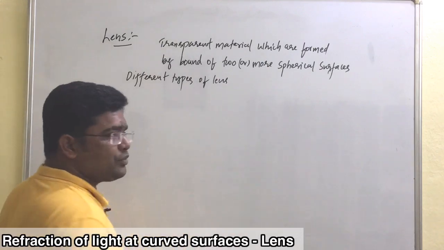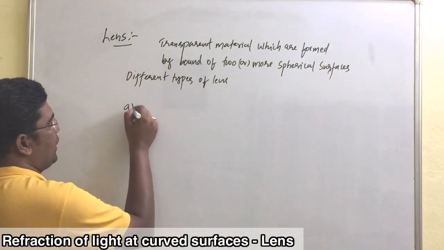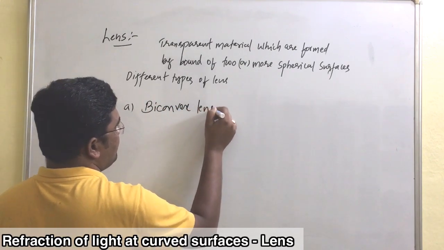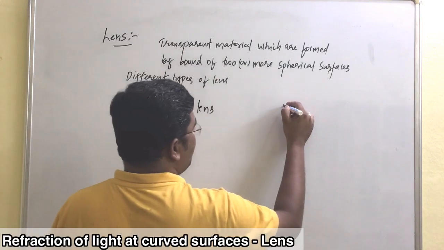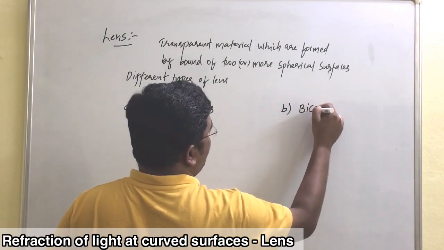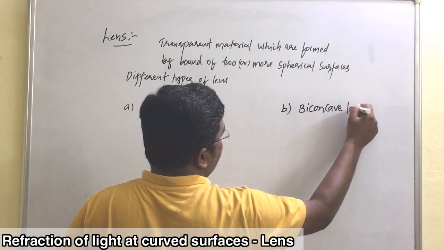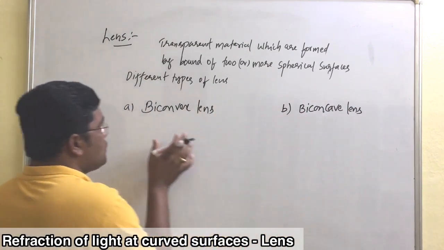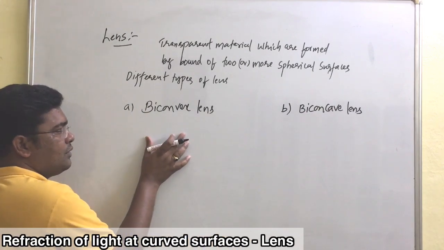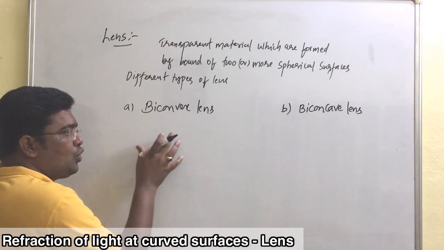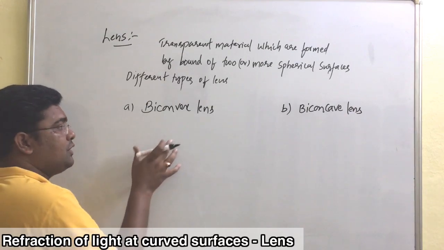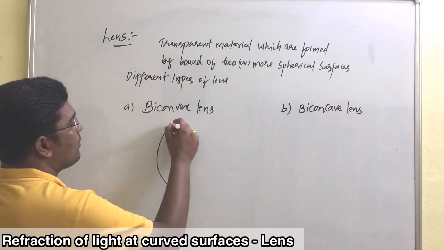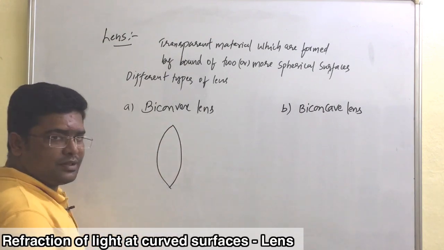Now among the different types of lenses, two lenses are very important to us. One is biconvex lens, and another one is biconcave lens. What is biconvex lens? What is biconcave lens? Biconvex lens is a lens which is made up of two spherical surfaces which are bulged outwards. This is what I call a biconvex lens.